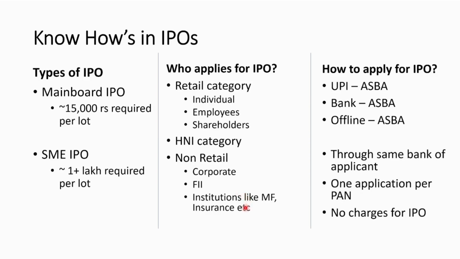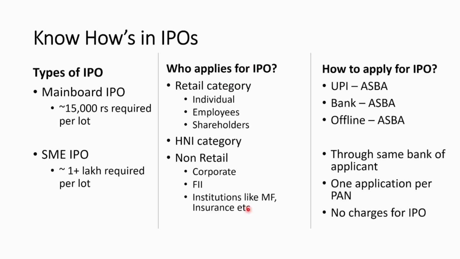Everyone will apply in their own categories allotted to them. For example, say 100 crore rupees of value of shares are being issued. Each category will have a separate value within which we can apply. I'll be showing a live example soon.